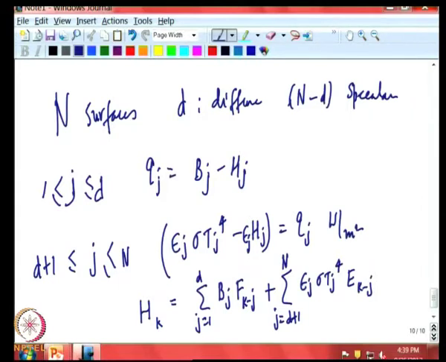So, in such a case, you will go for Monte Carlo. If the surfaces that you have are not flat and there are many specular surfaces, then you cannot handle the specular surfaces by the method adopted here, it will get too complicated.